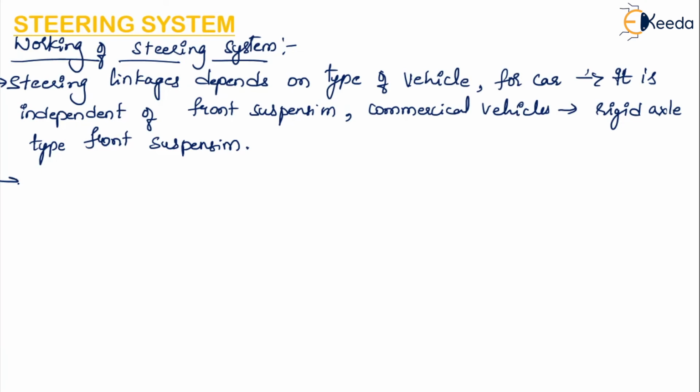So what is the purpose of the steering system? The purpose of the steering system is to allow the driver to control the direction of the vehicle by turning the front wheels.